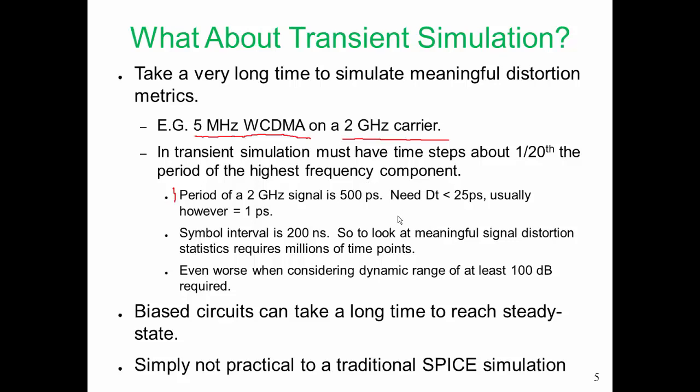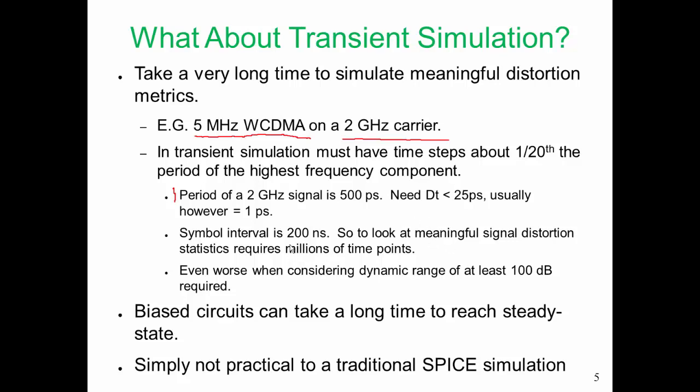Then we need a delta t less than 25 picoseconds. Usually, however, we find that the time step needs to be about a picosecond, driven by the exponential current-voltage characteristic that occurs at the base of a BJT or because of the parasitic effects in a MOSFET.